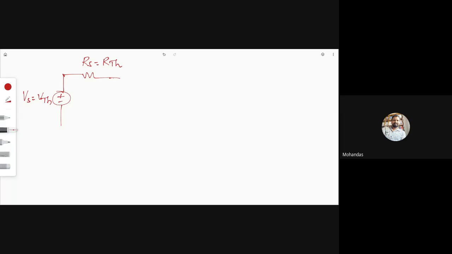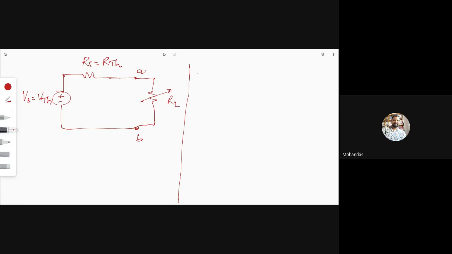That means we can convert any circuit into a Thevenin equivalent circuit across the AB terminals. And this is a load resistance RL. I am going to derive the condition for getting maximum power from source to load. That is the statement of the maximum power transfer theorem.